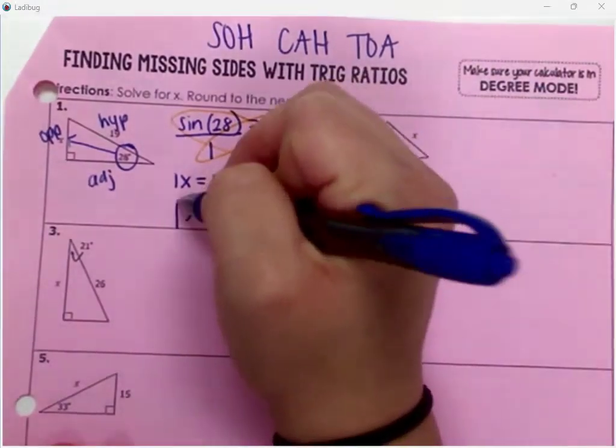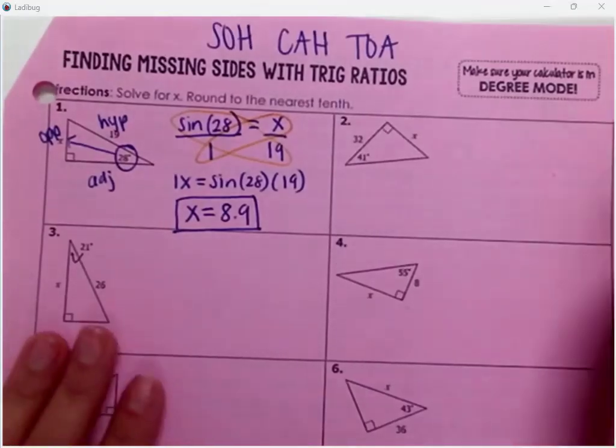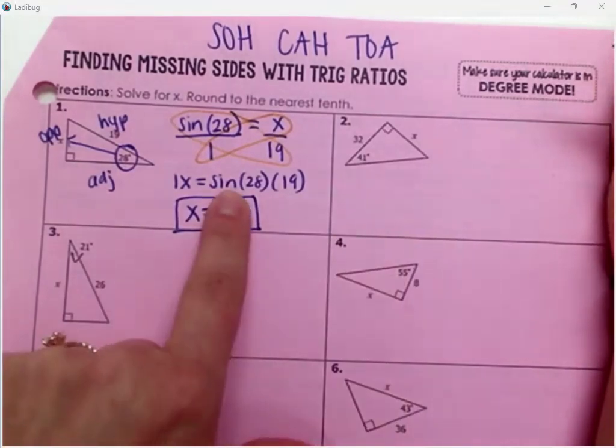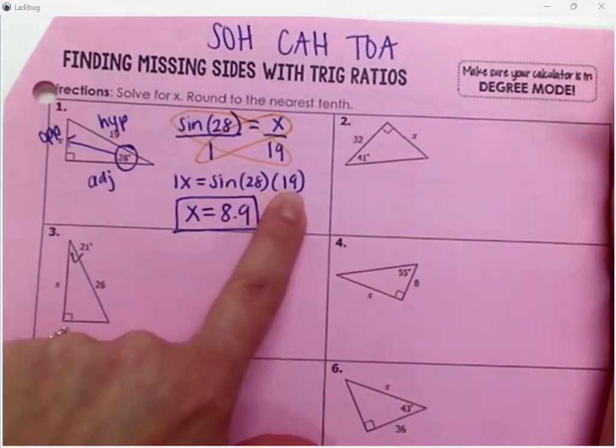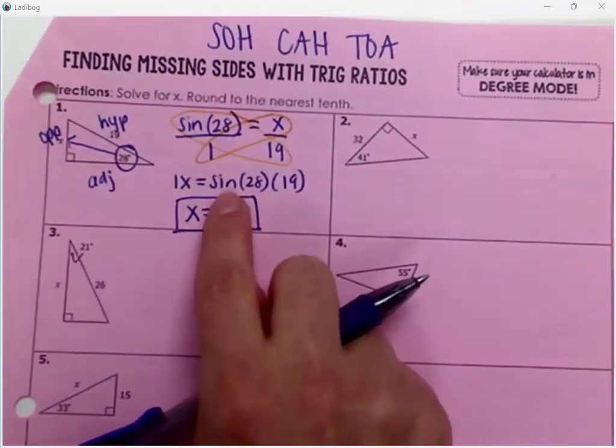That's your answer. That is easy. All right, any questions? Let's continue. I did sine of 28 times 19, not 28 times 19, so you have to make sure you push that sine button first.